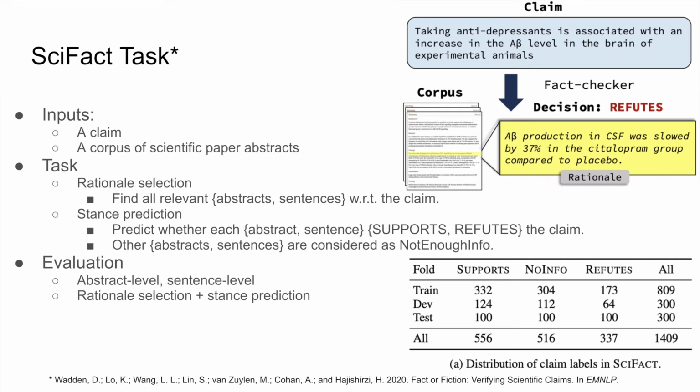They evaluate the fact checker at both abstract level and sentence level, and consider both rationale selection and stance prediction as the performance. The table is the distribution of the SciFact dataset. As you see, the dataset is pretty small.